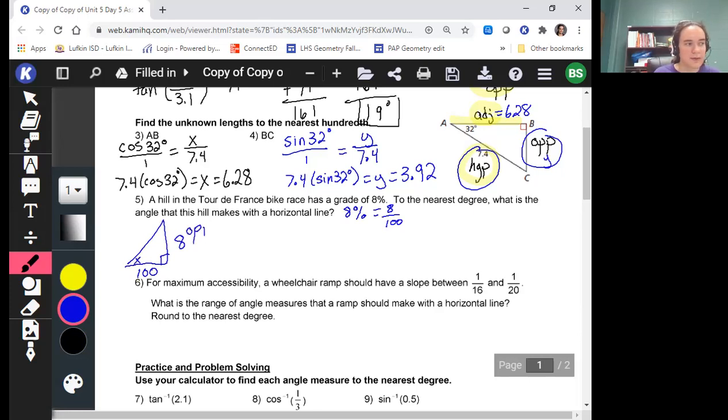So again, we have our opposite and adjacent. So that is tangent. And we're finding an angle, so it's tangent inverse of our opposite over adjacent, which is 8 over 100. And we're going to put that in our calculator. Tangent inverse of 8 over 100.